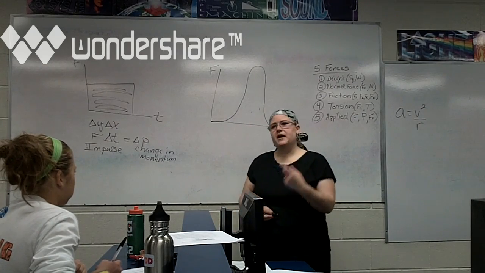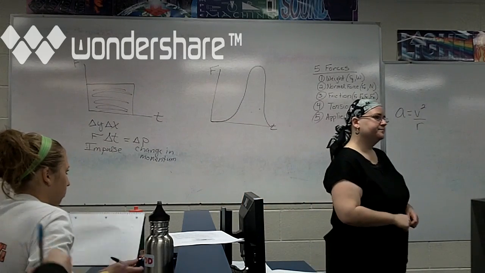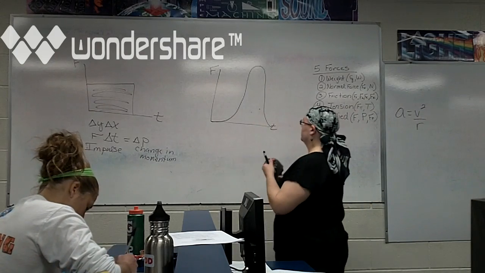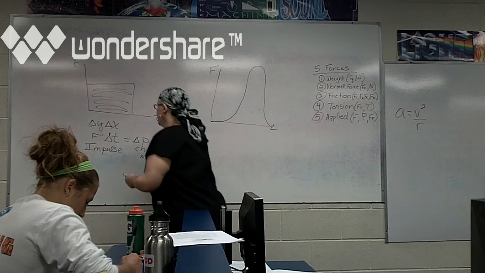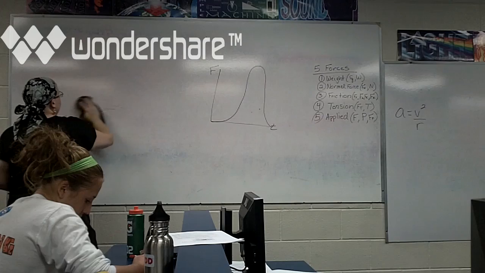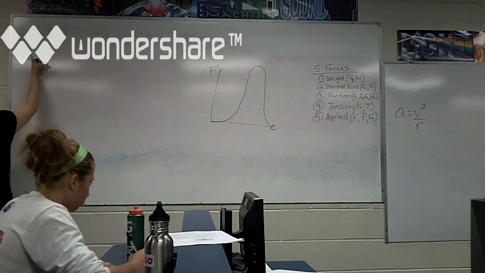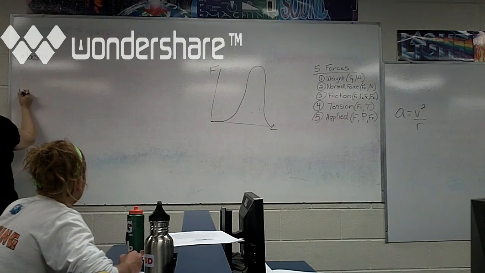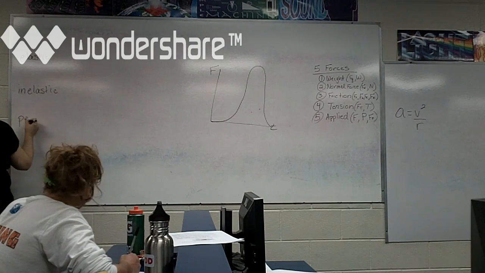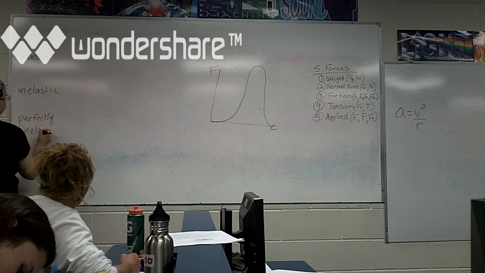Now, there are 3 main types of collisions you need to be familiar with. It is very important that you're familiar with 3 types of collisions, although they really hit on 2 of them the most. There's elastic, inelastic, and perfectly inelastic.